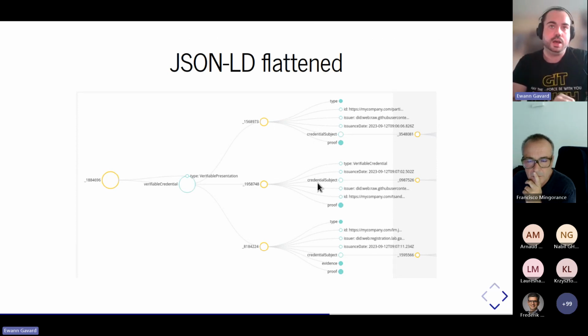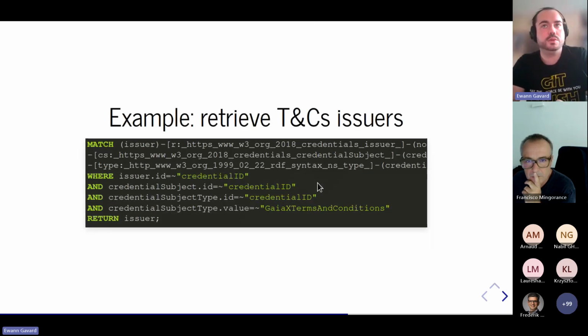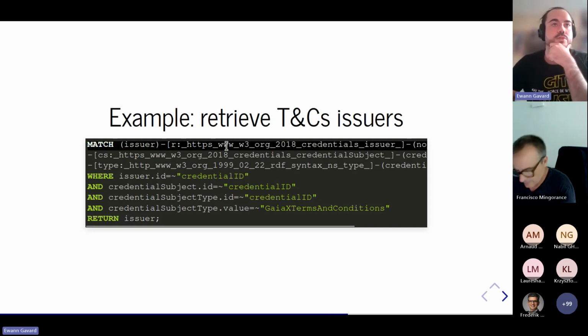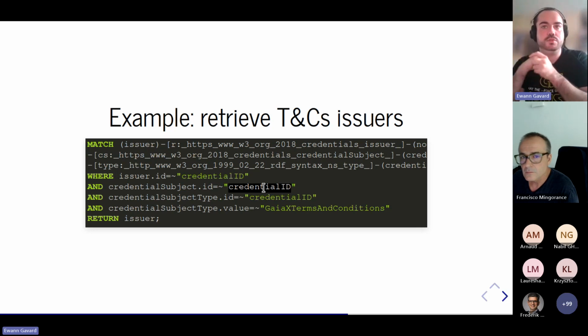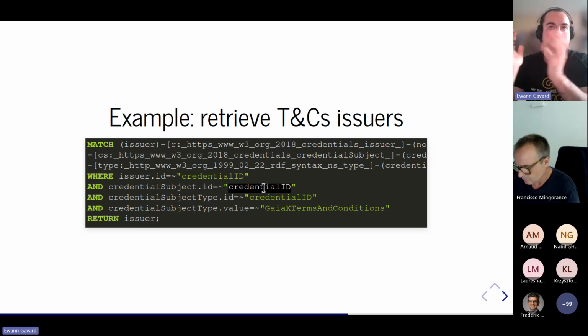This is how we, for example, retrieve the terms and conditions issuer. That's an openCypher query. I will find the issuer of a credential subject of type Gaia-X terms and conditions. I have a credential ID so that I don't mix up several graphs. And that's it. I have the issuer of your terms and conditions, and I can verify that every credential has these terms and conditions.